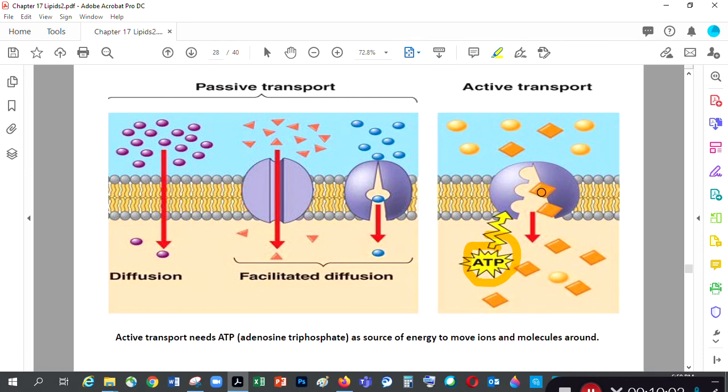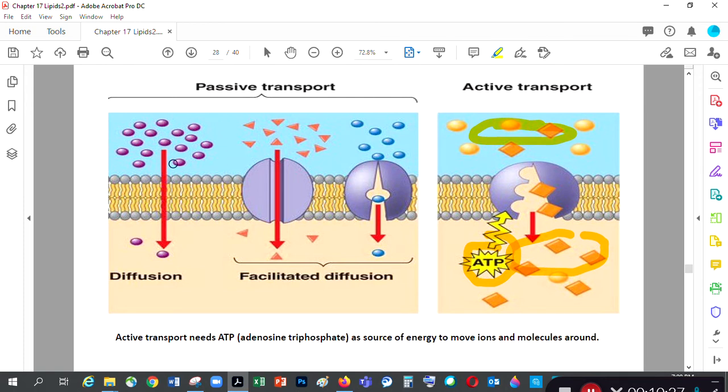This is active. They go from lower concentration to higher concentration, correct? And this needs some help, and there's a compound here, adenosine triphosphate, that helps to provide energy to move those against their concentration gradient.